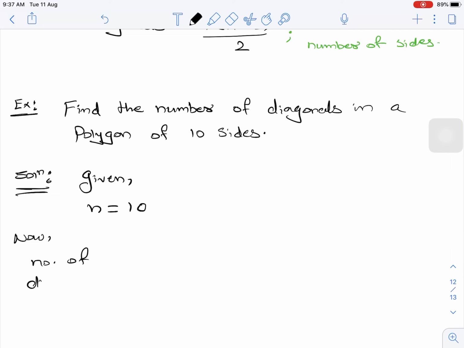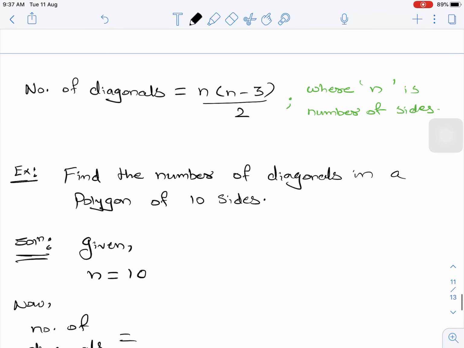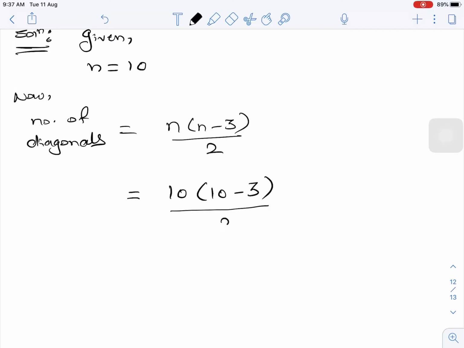Number of diagonals equals, what is our formula? n(n minus 3) upon 2. So we write the formula here: n(n minus 3) upon 2. What is the value of n? It is 10. So I write 10 times (10 minus 3), divided by 2.